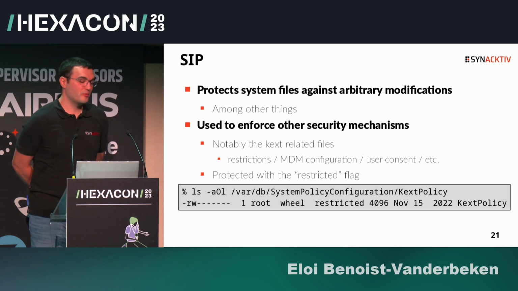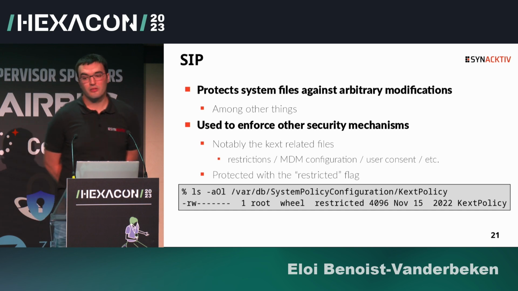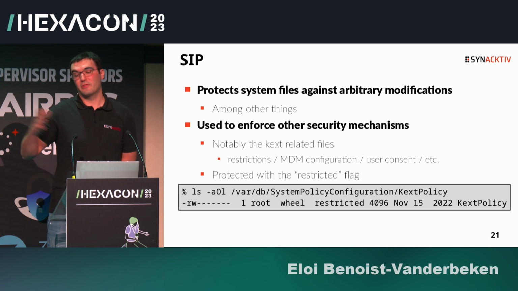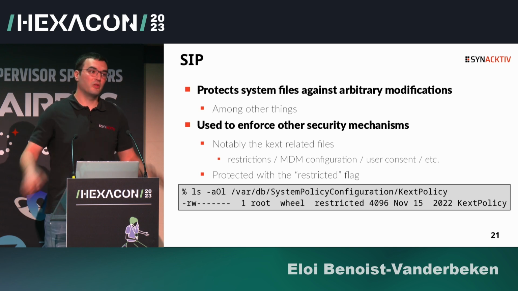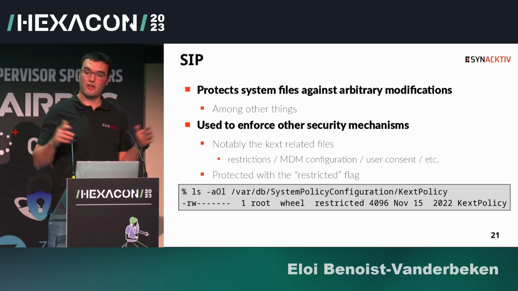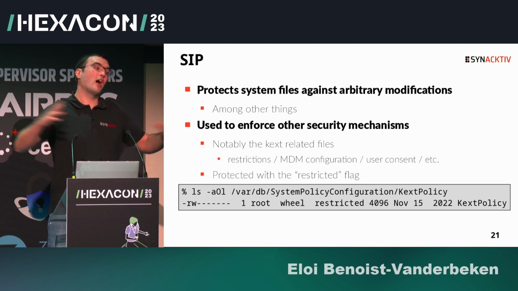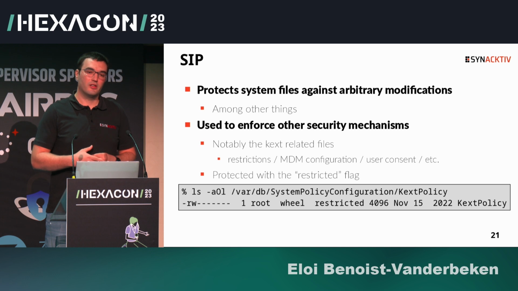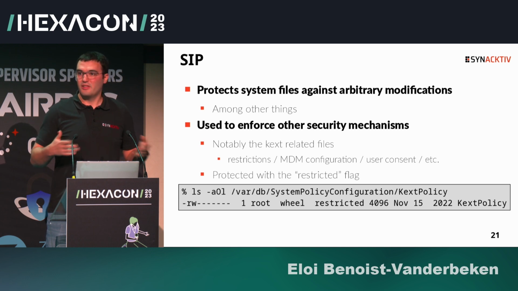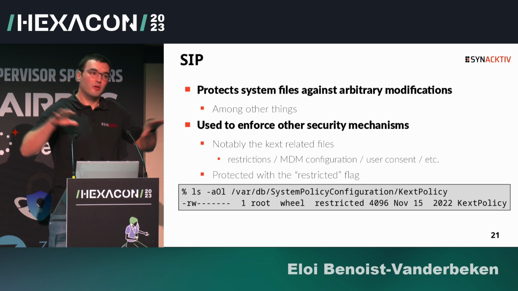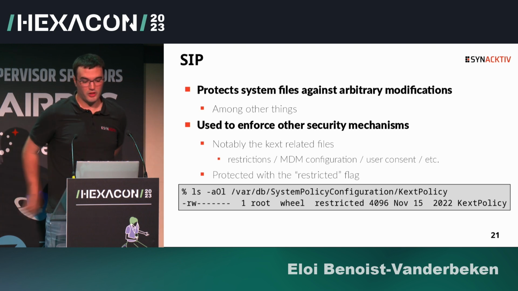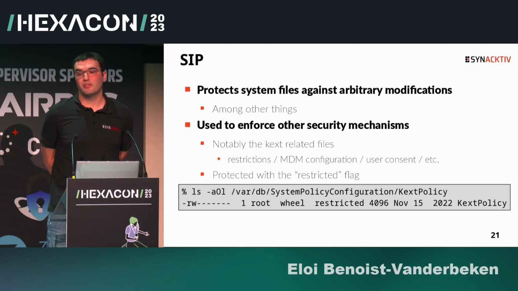So what is System Integrity Protection? As I said, among other things, it protects system files against arbitrary modifications. Actually, System Integrity Protection is a very wide system, implemented almost everywhere in the kernel, but one of its functions is to protect system files against arbitrary modifications.